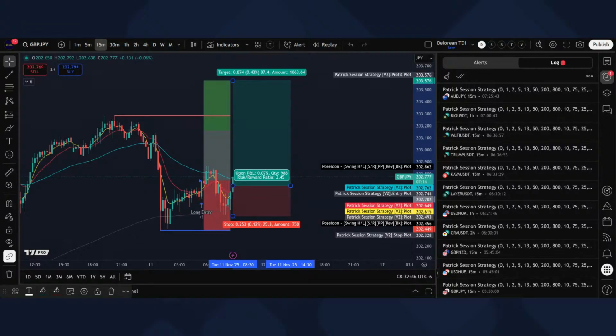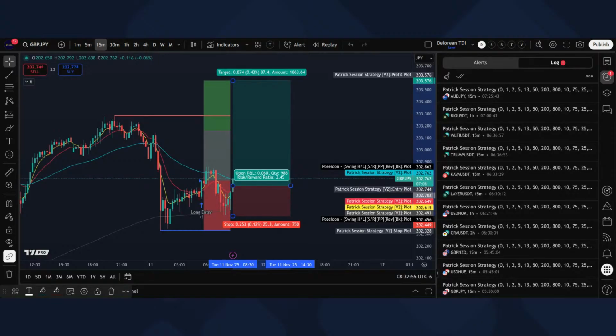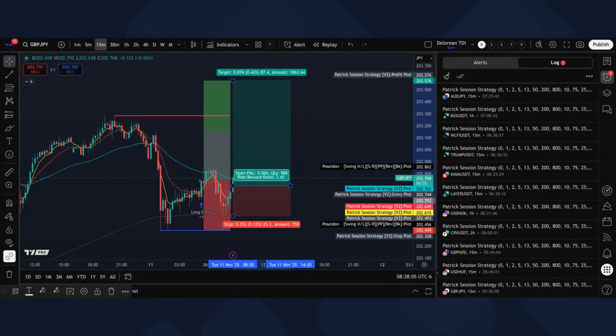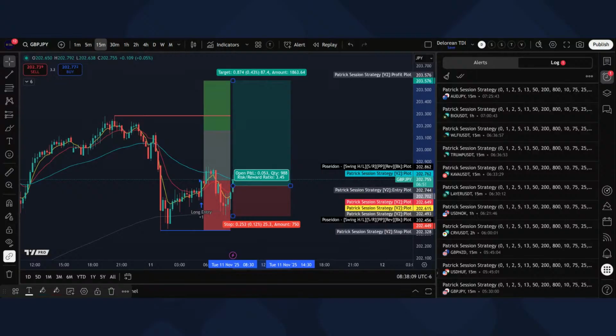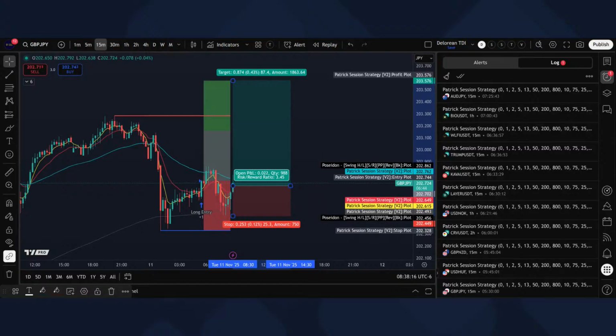And the risk is 3.45. We got entry at 202.702. We have stop at 202.449. And we have take profit at 203.576.